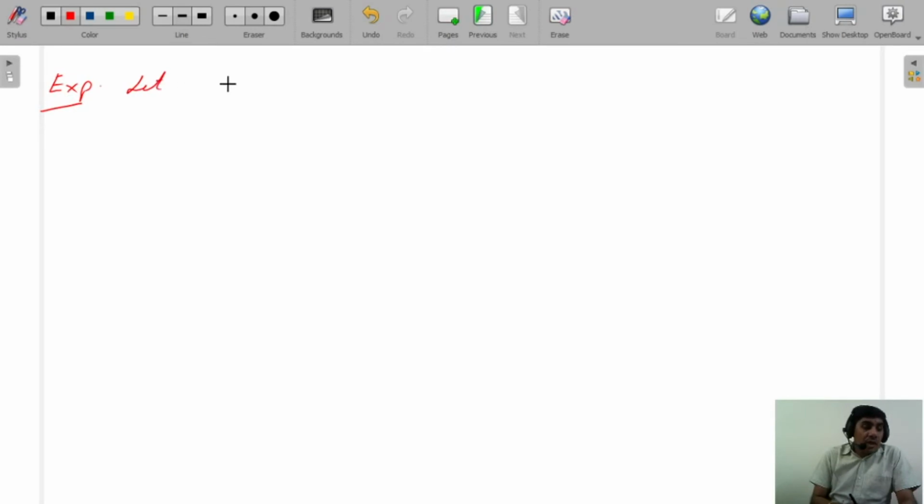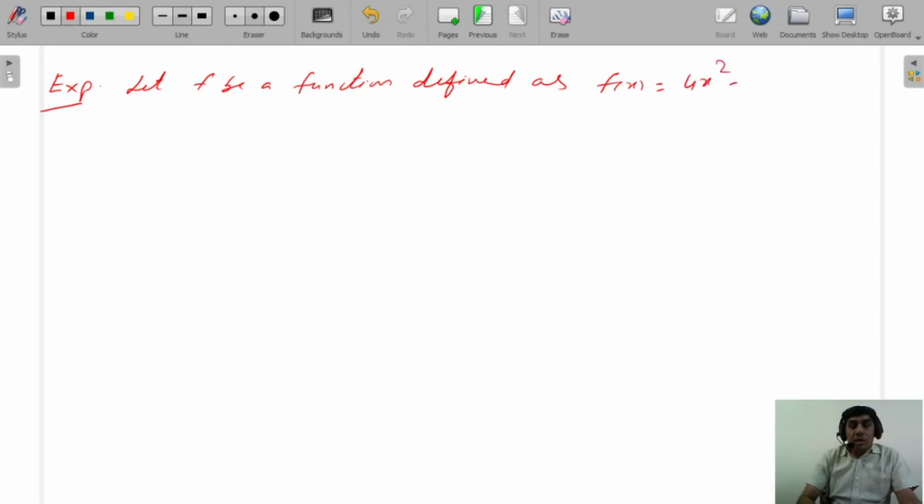Let f be a function defined as f of x is equal to 4x square plus 2x minus 2. Find f of 2, f of 1 and f of 1.